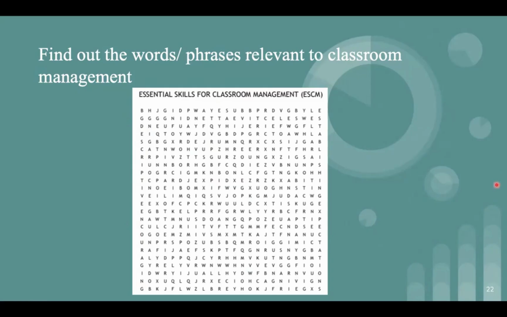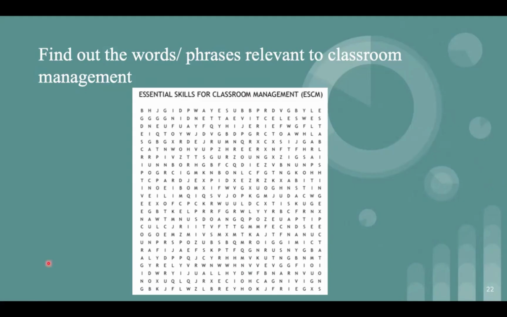Okay, moving on. I'll show you the words that you could find in this word list. And the words are completely relevant to classroom management. The main idea is to introduce the words or phrases relevant to classroom management to you.